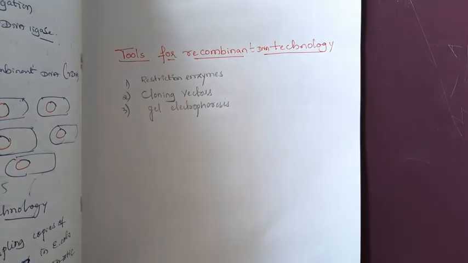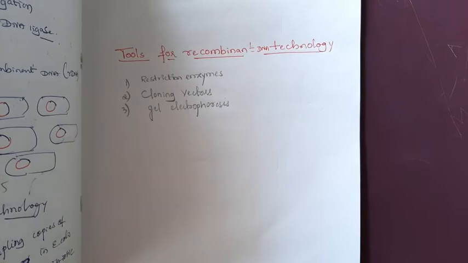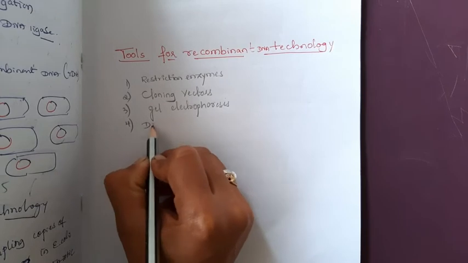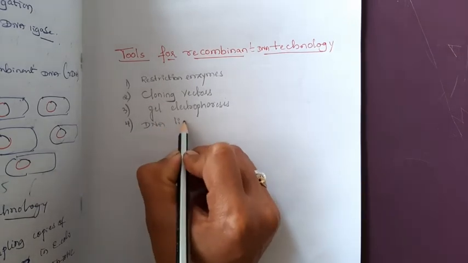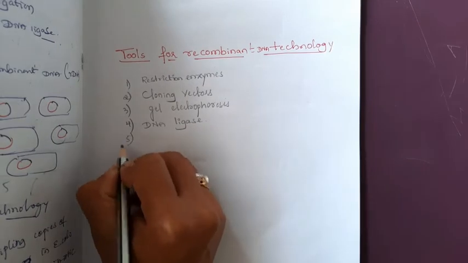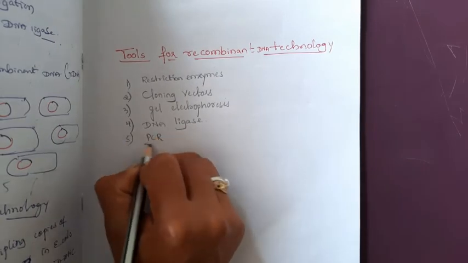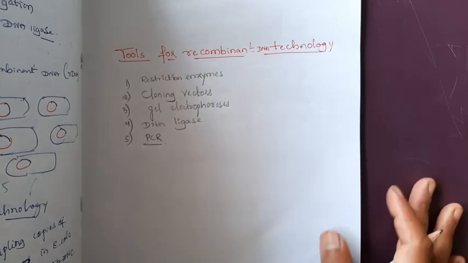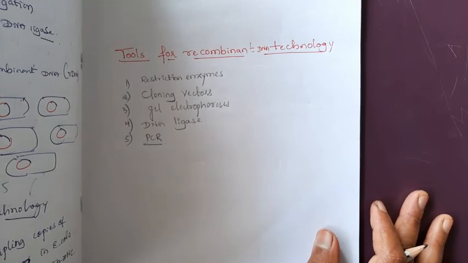Then DNA ligase, then PCR. Okay, these are the tools of recombinant DNA technology.